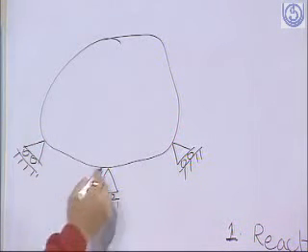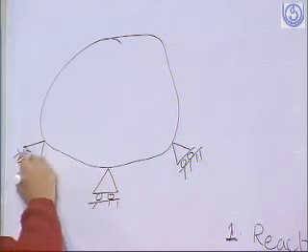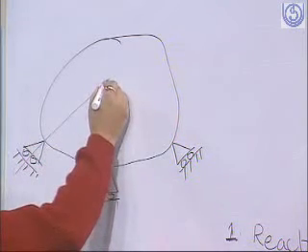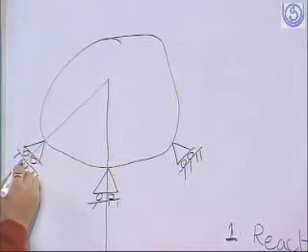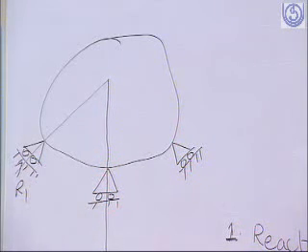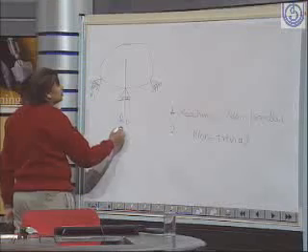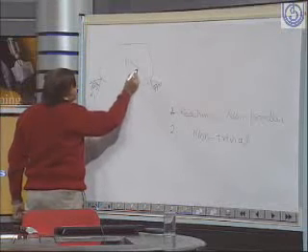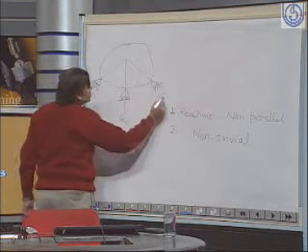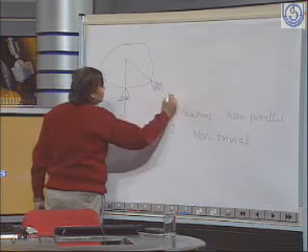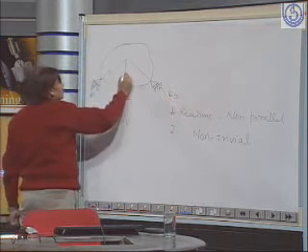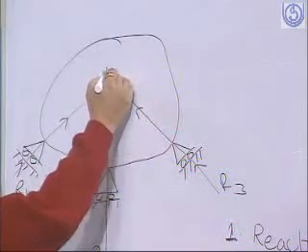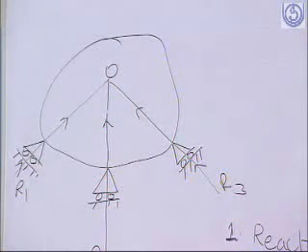So they are not parallel, and the R1 is in this direction, R2 is in this direction, and say R3 is in this direction. Okay, but if you extend, they are meeting at this point O.